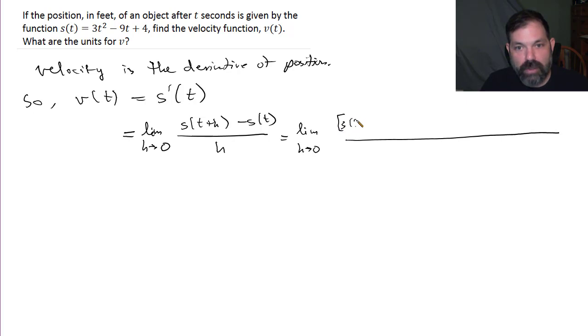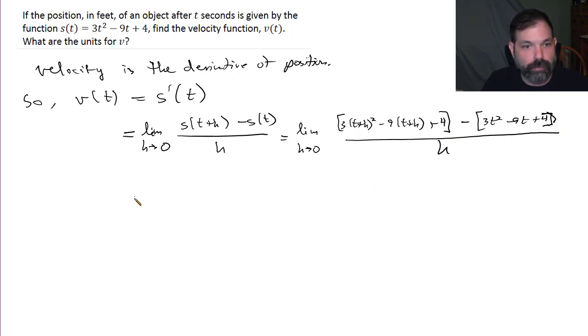That would be 3 times t plus h squared minus 9 times t plus h plus 4, minus s of t. S of t is 3t squared minus 9t plus 4. The denominator is h.